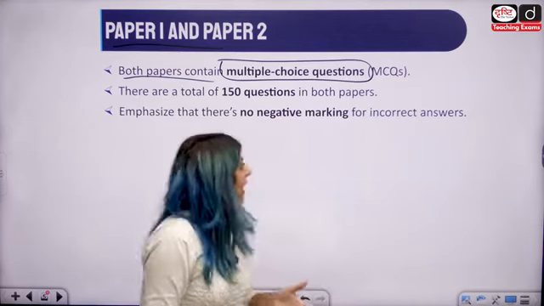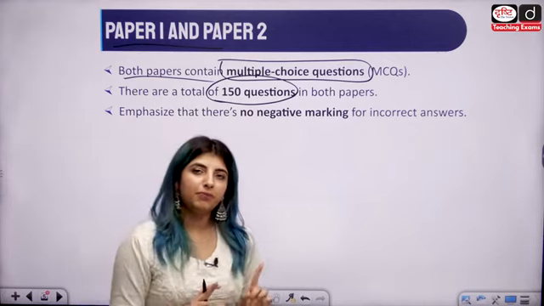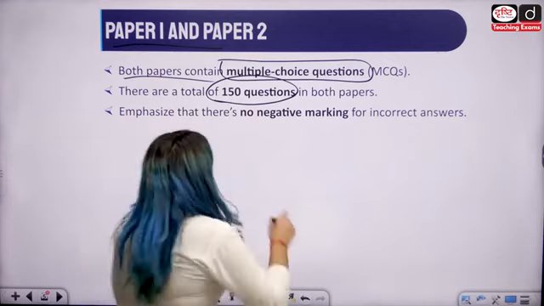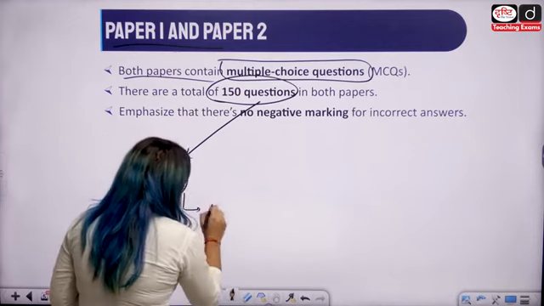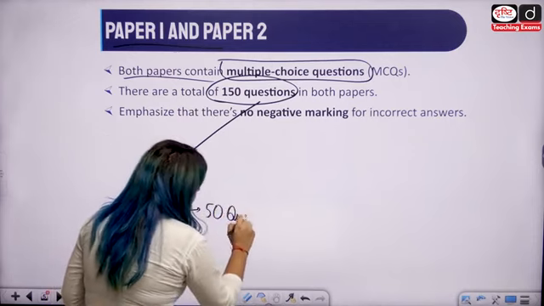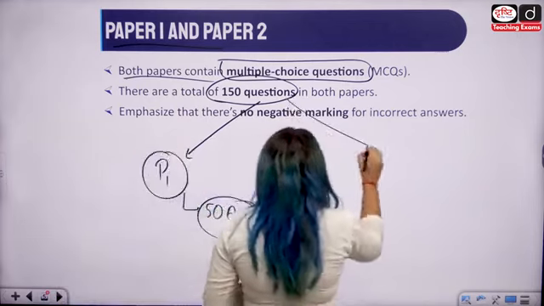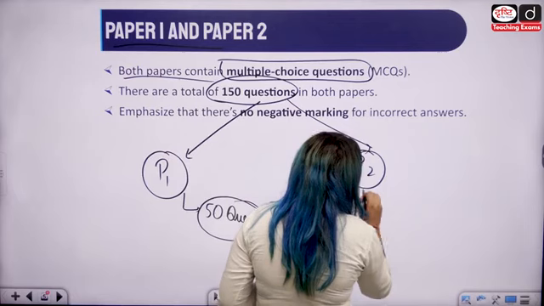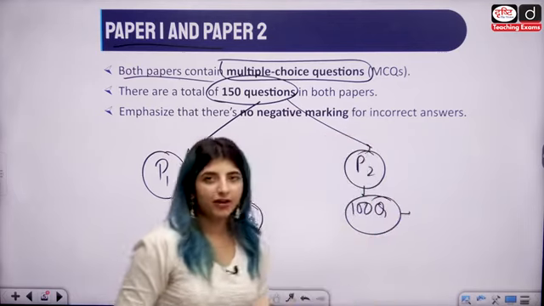There is a total of 150 questions in both papers. Paper 1 comprises 50 questions of 2 marks each. Paper 2, on the other hand, comprises 100 questions of 2 marks each, correct?